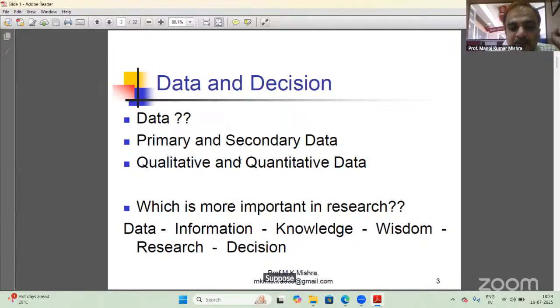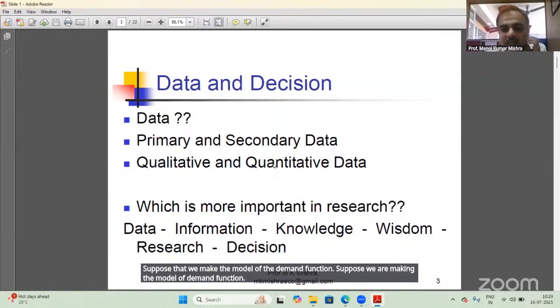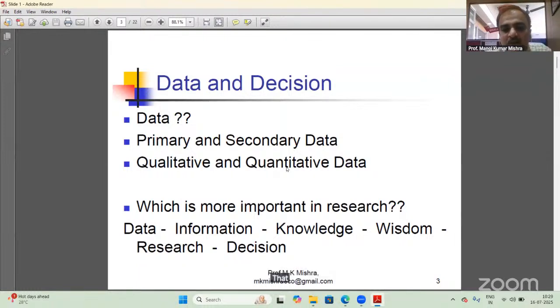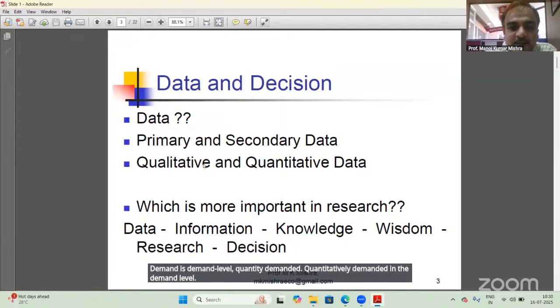Suppose we make a model of the demand function. Demand, the quantity demanded, is the demand level, and demand is a function of price.